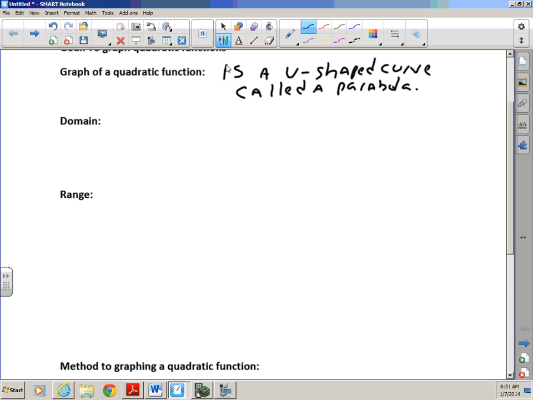Now, we've dealt with the concept of domain and range in many different areas before, with exponential functions, with linear functions. As you recall, the domain are the x-coordinates.